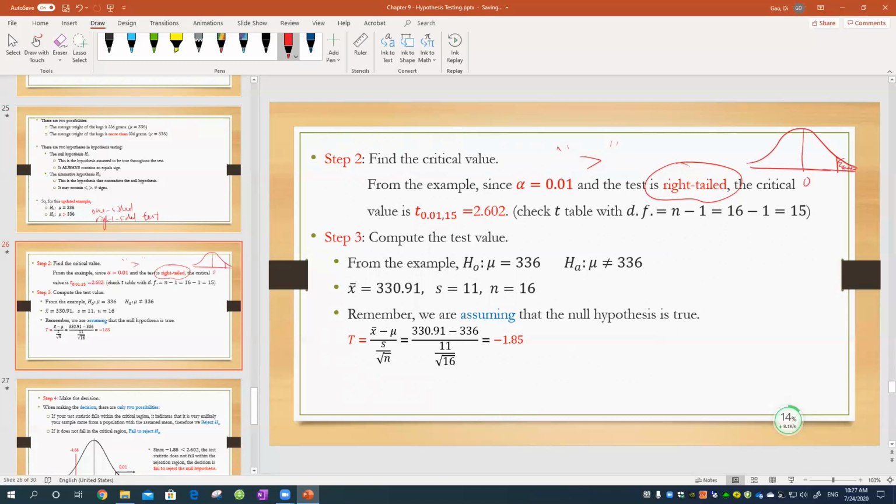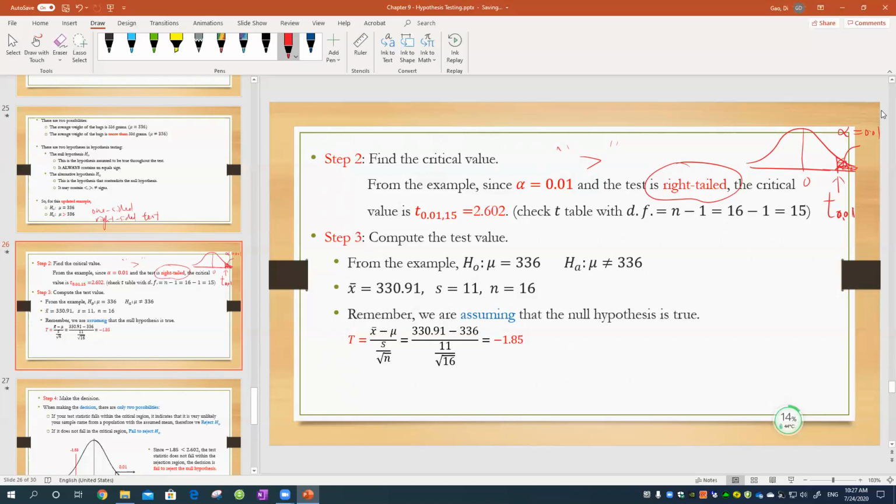We have an extreme area to the right, which is alpha. Since it's right-tailed, all the type 1 error or significance level comes from the right end. So alpha equals 0.01, and this number is t sub 0.01, just t sub alpha. Since it's only one-tailed, we don't divide by 2 anymore.